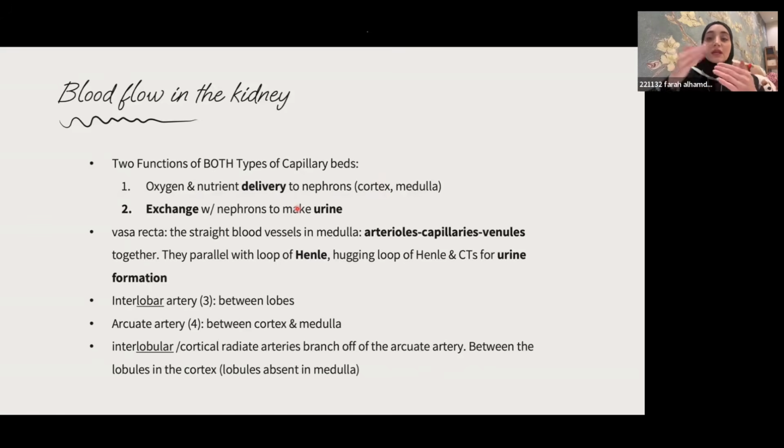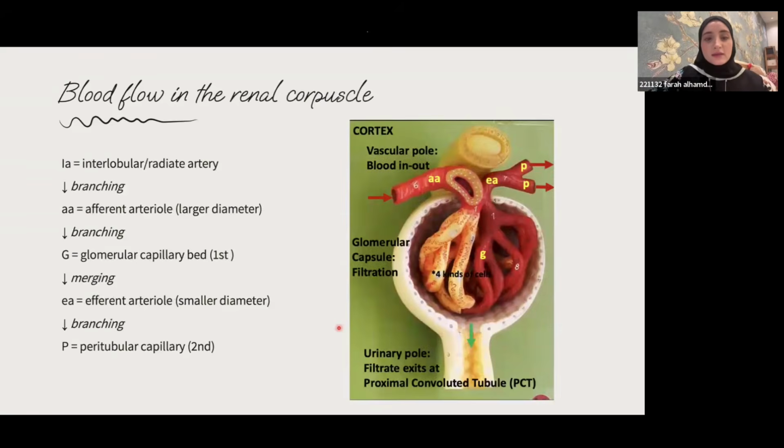And the exchange with nephrons to make urine is the function of the red to red, or unique, capillary bed. The vasa recta are the straight blood vessels, whether capillaries or venules, in the medulla. So we have arterioles, capillaries and venules in the medulla, and they're called vasa recta. I mentioned all of that.